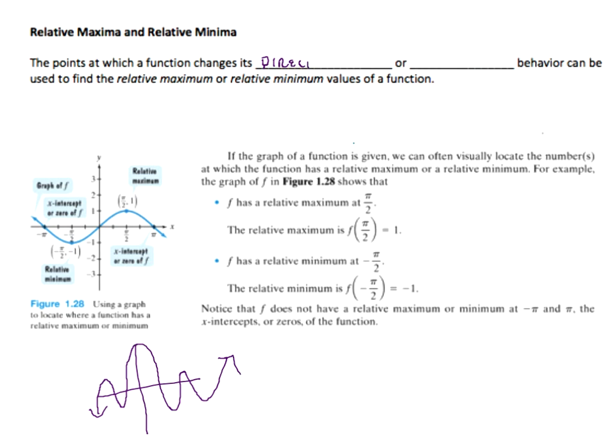The points at which the function changes its direction, so you're changing from increasing to decreasing, or blank behavior can be used to define. I wrote these notes about 1.5 years ago, and I have no idea what I meant to put in that blank. It's just where it changes from increasing to decreasing, decreasing to increasing.